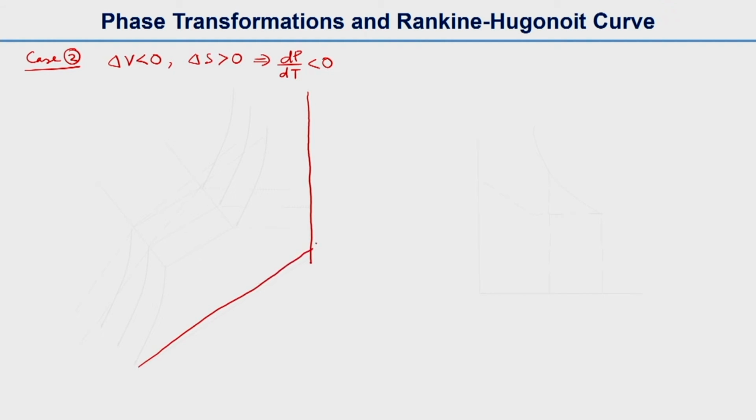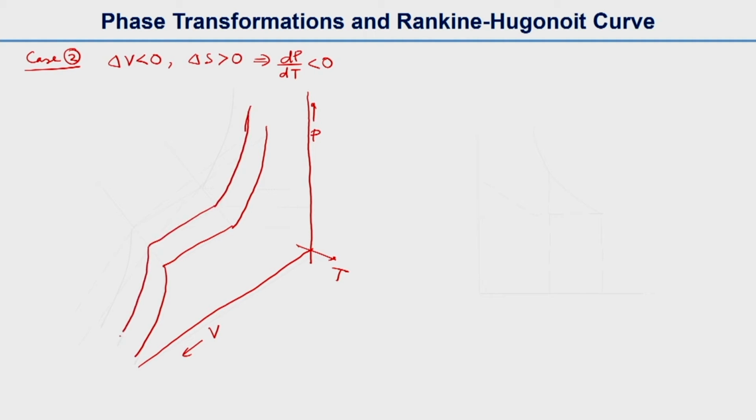This is pressure, volume in this direction, and the third direction is temperature. So we will draw the isotherms. It will look something like this, and then the second isotherm will look something like this, and the third one again not different, they are all the same.